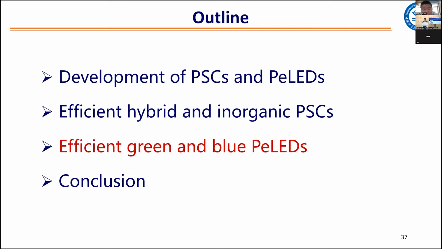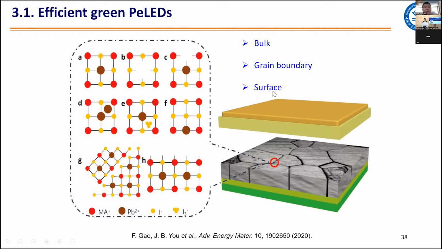The last one, I will talk a little bit about our work on efficient perovskite light emitting diodes. I still have to mention the defect. How can we make efficient perovskite light emitting diodes? I think for perovskite materials, we always talk about defect recombination.